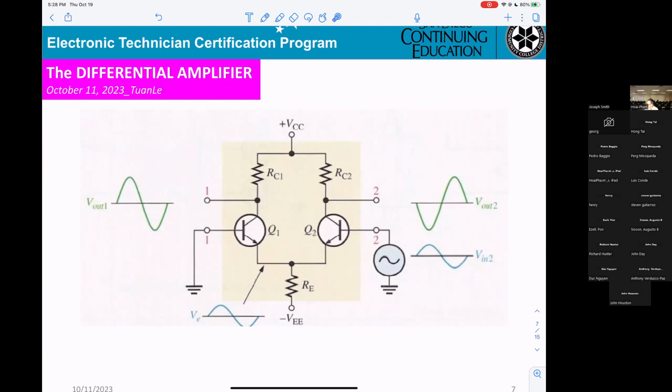Same thing: now they apply the signal to Q2 and ground Q1, and you can see Q2 is now common emitter, the output will be opposite with the input. And now Q1 will be common base, input and output will be in phase.